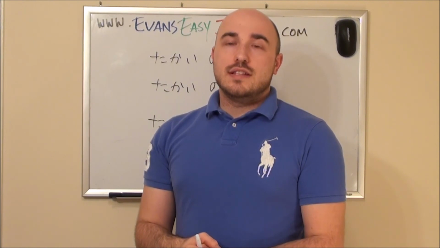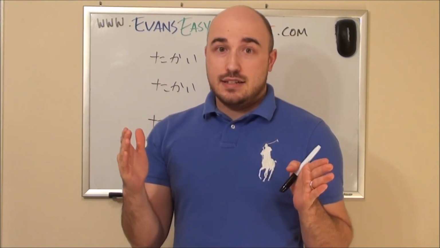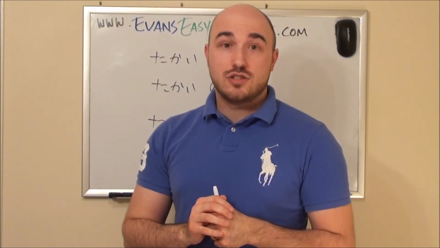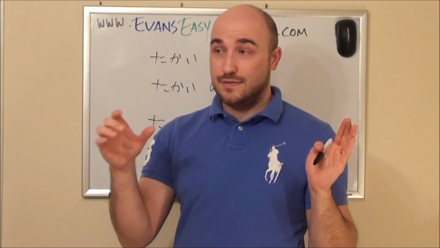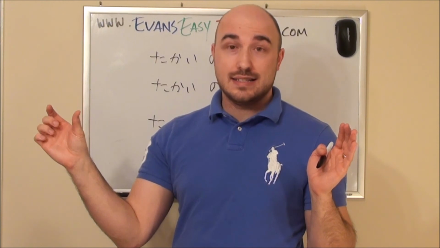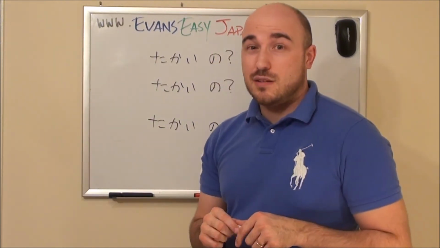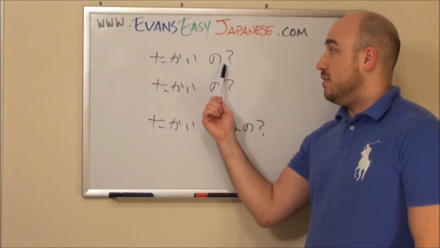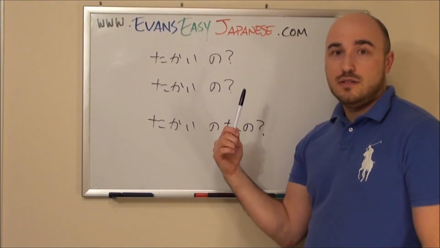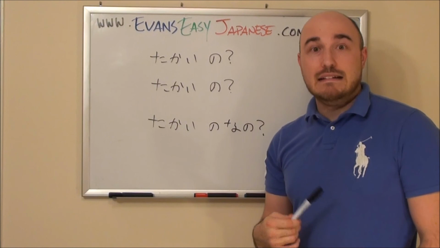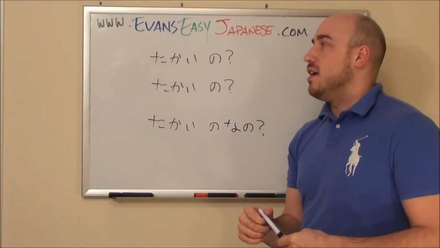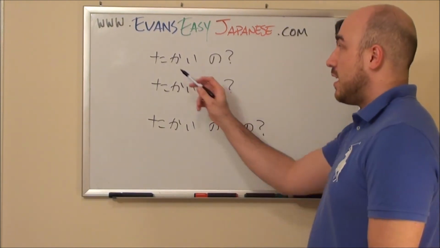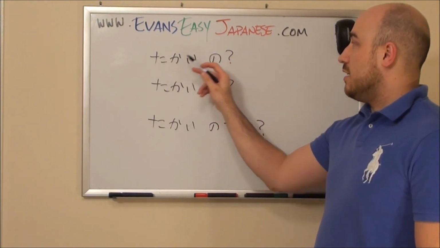When the sentence ends in an i-adjective and the extended predicate, it looks just like an i-adjective followed by the nominalizing no, which causes some confusion when translating from Japanese. For example, if we write down takai no and takai no, these are both different. They're different, but they're the same. It doesn't matter which one we pick. There's no real pronunciation difference.